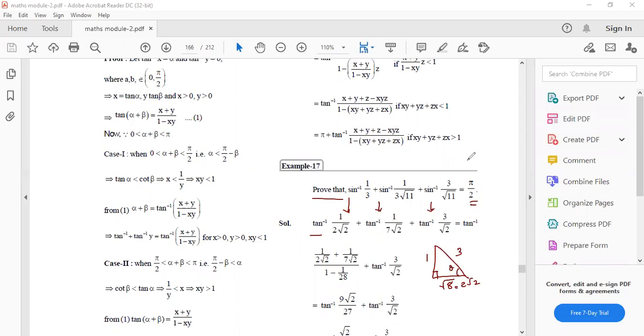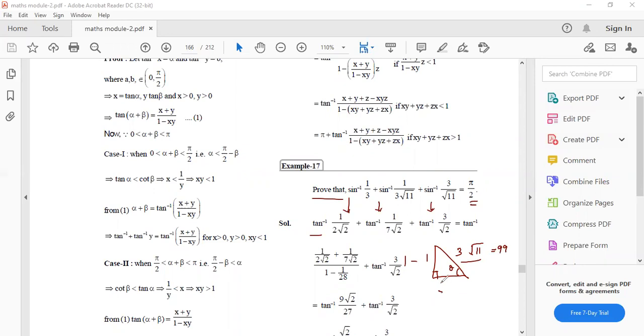In the same way, sine inverse 1 by 3 root 11. So what will be the changes here? 1 upon 3 root 11, opposite upon hypotenuse. So this will be root 98, I guess, because the square of this is how much? 99. The square of this is 1. So the square of this is going to be 98.